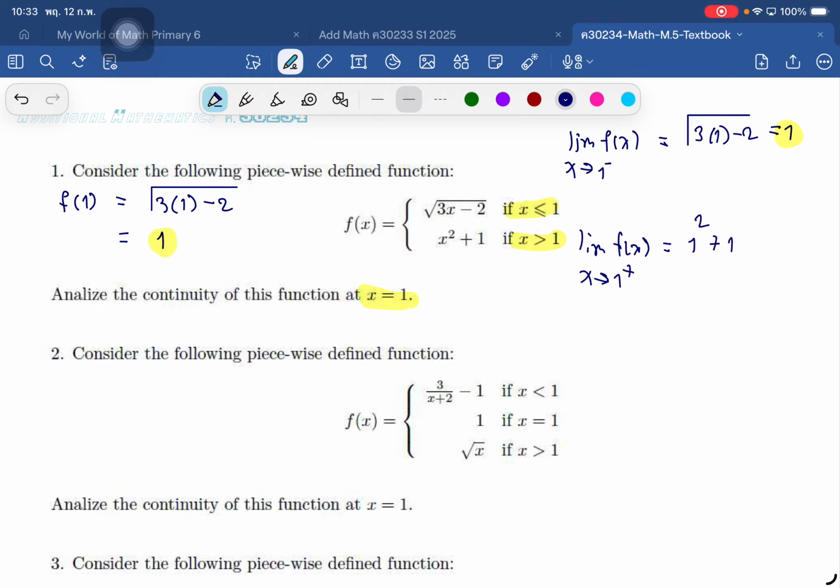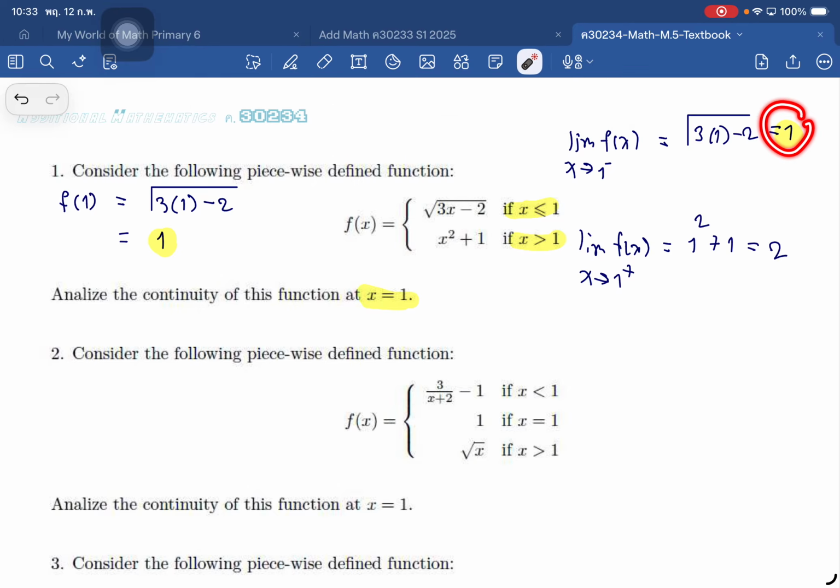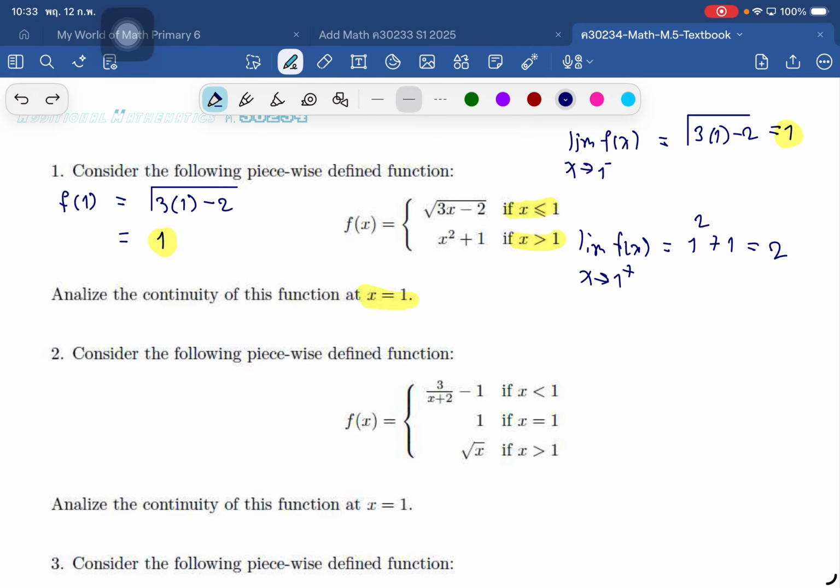Then question 3, we said that our function is continuous at x equal to 1. Number 2 is discontinuous. Number 1 is discontinuous, because f(1) equals 1 but the limit from the left equals 0.